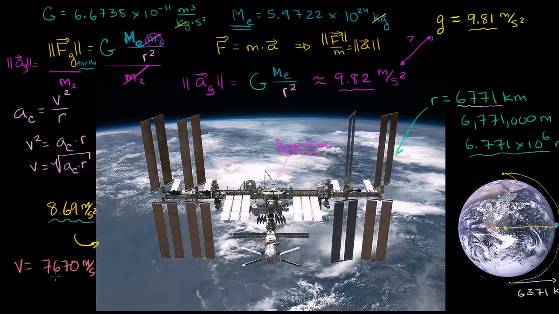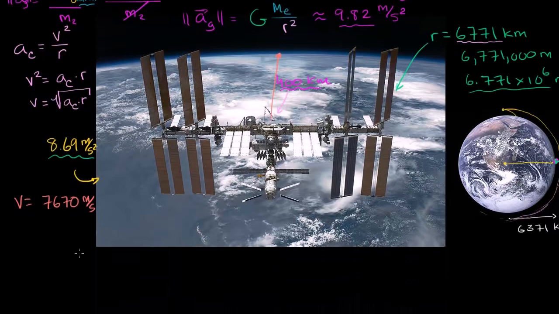So let's just conceptualize that for a second. Every second, it's going over 7,000 meters, or every second, it's going over 7 kilometers. If we assume that's the direction it's traveling in, it's going at a super, super fast speed. And if we want to translate that into kilometers per hour, you just take 7,670 meters per second.